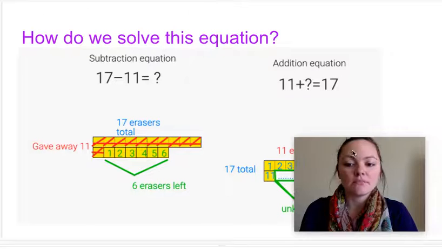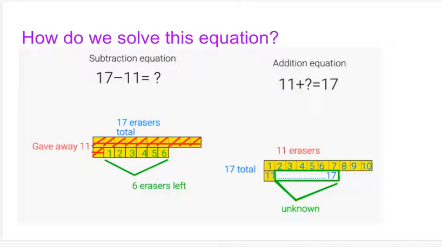So this is just an example of what you could do. We have the subtraction equation, 17 minus 11 equals question mark. That stands for the unknown. Below it, we have 17 erasers total written on top in blue, and we've crossed out 11 of those 17. The numbers that are in green are how many we have left.